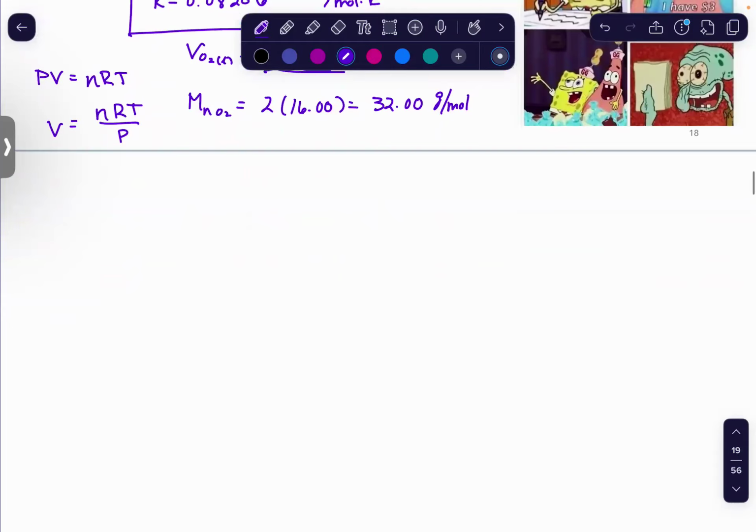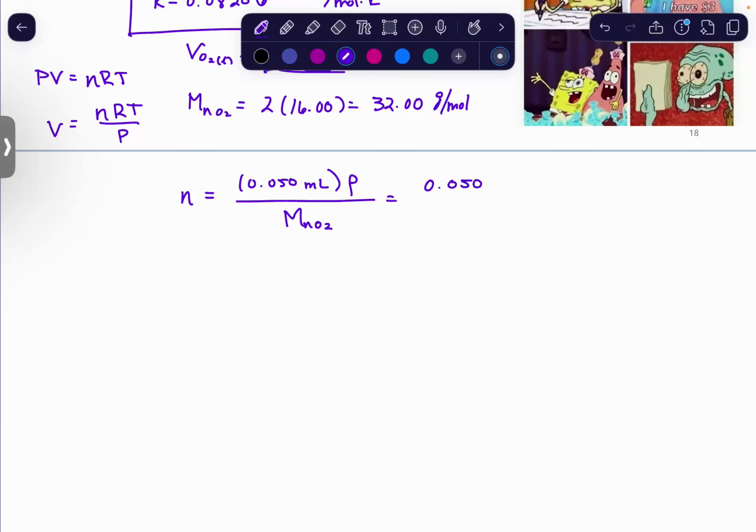So this means that your number of moles is going to be your 0.050 milliliters times your density over molar mass of O2. We can shorten this down, 0.050 times the density.